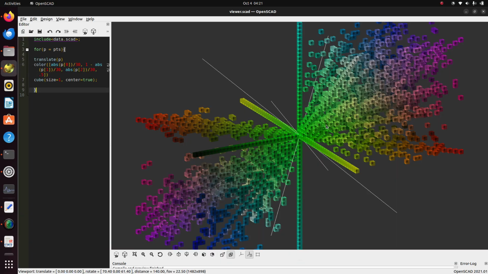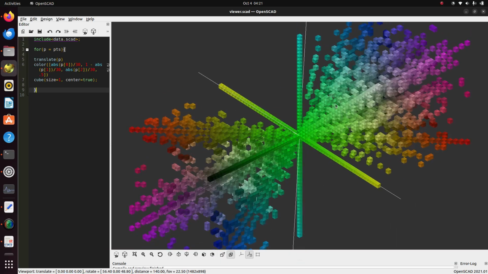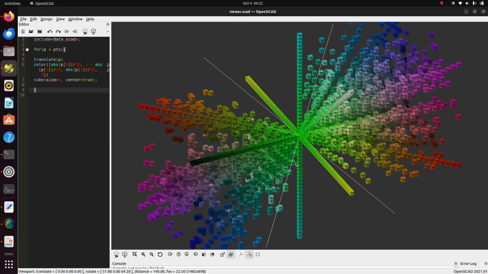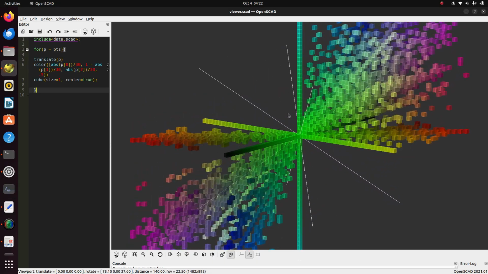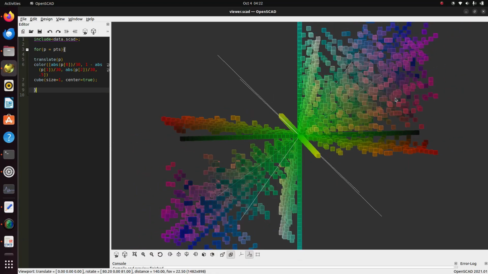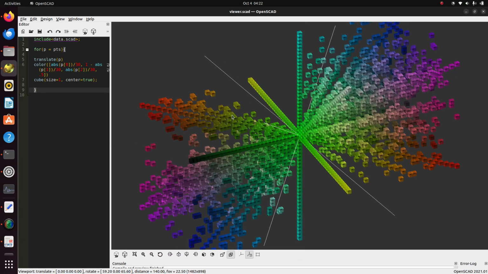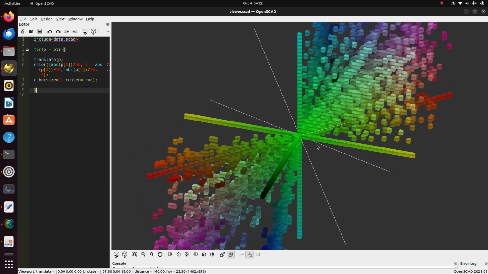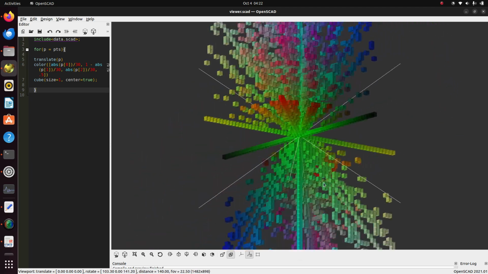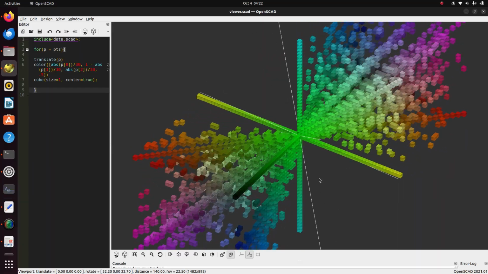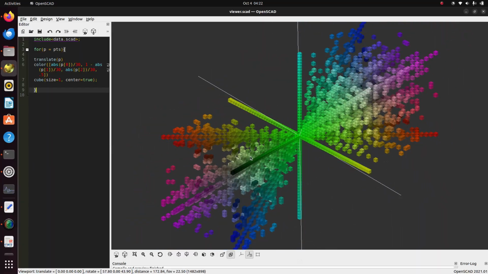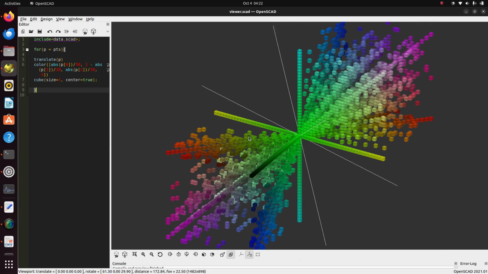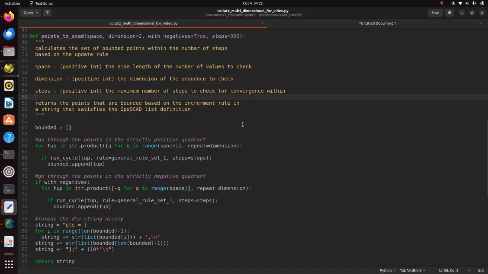But you'll notice, in this, only the strictly positive and strictly negative quadrants were considered in the three-dimensional case and in the two-dimensional case, because I found that none of these other values converge to a cycle, so it was much more computationally efficient to just consider the strictly positive and strictly negative. So yeah, that's what this does.